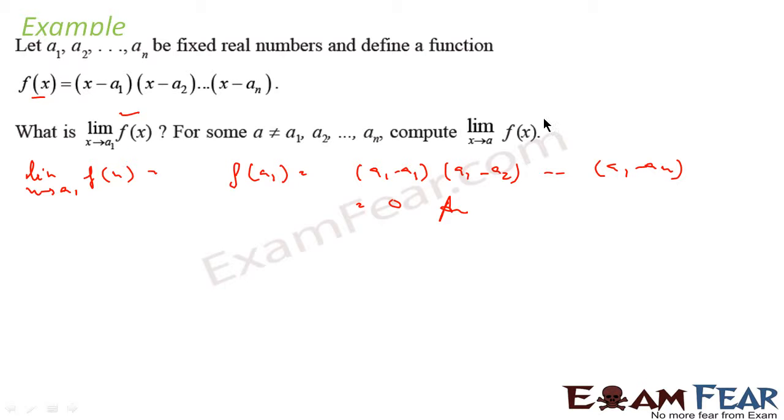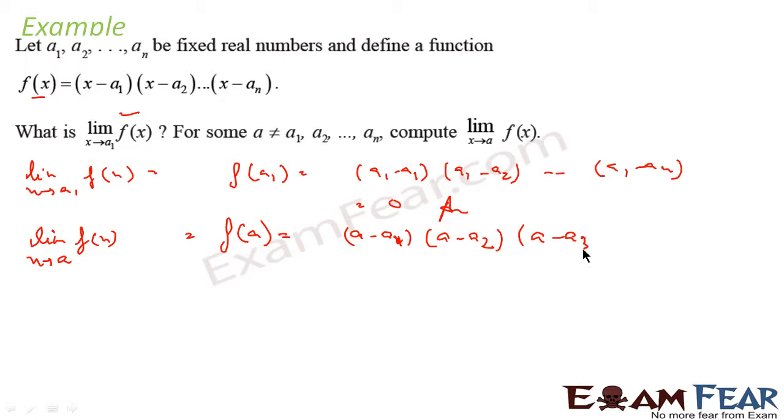Also, we have to find the limit of this function where x tends to a. Now the second part: limit of this function where x tends to a. What we can do here is, we'll again put the value of x as a and we'll see if this becomes finite or not. We'll try with f of a. This is nothing but (a minus a1) into (a minus a2) into (a minus a3) dot dot dot (a minus an).